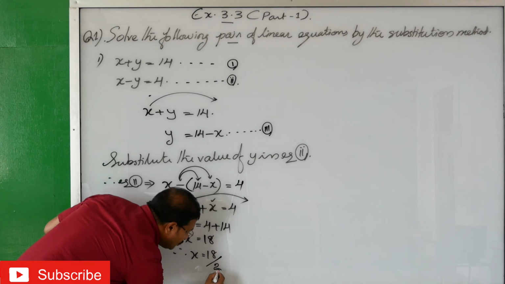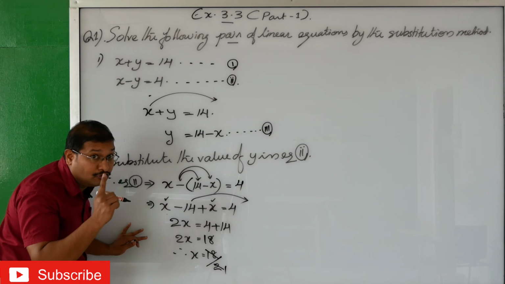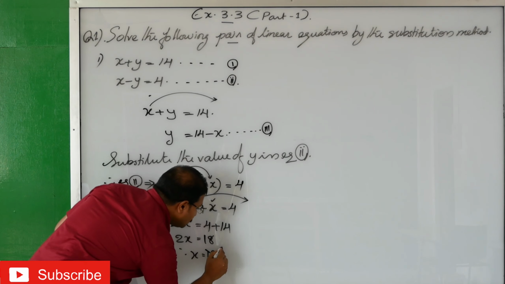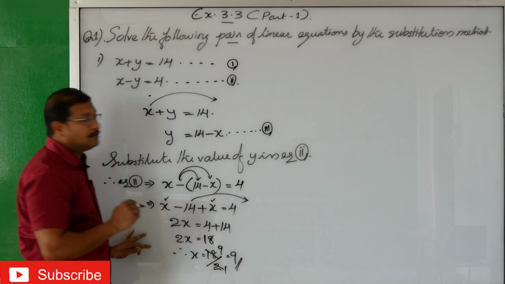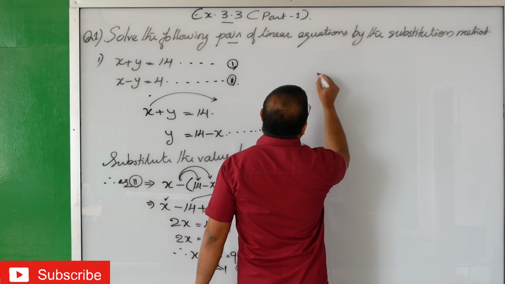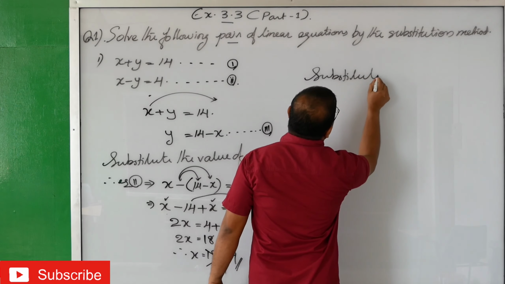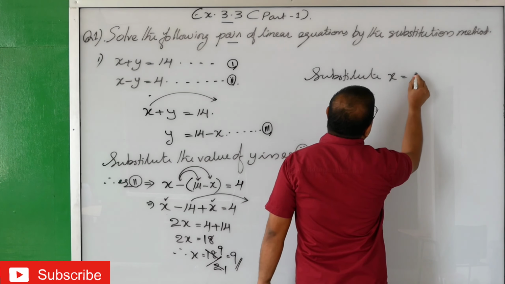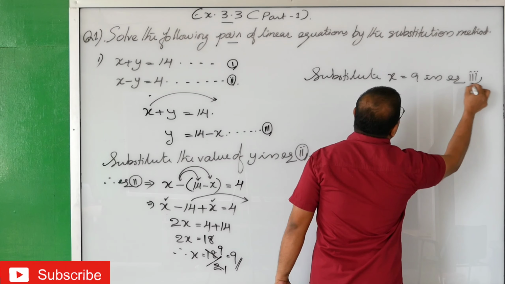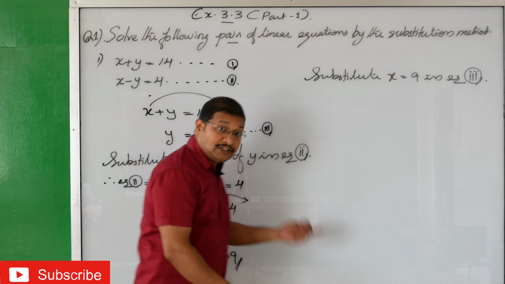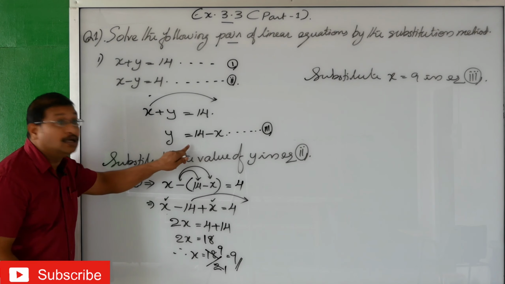Now, we'll cancel by 2. 2 ones are 2. 2 how many times 18? 2 nines are 18. So we got the answer 9. x equals 9. Ready? Now, we'll write: substitute x equals 9 in equation 3. Now this value, the value of x, we will put into the third equation.